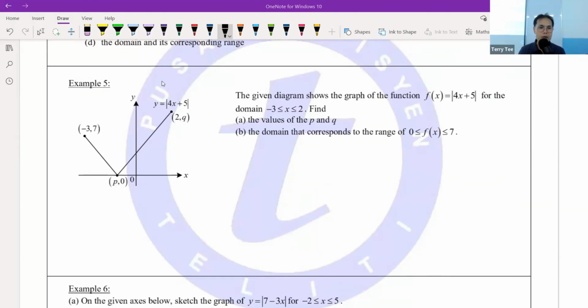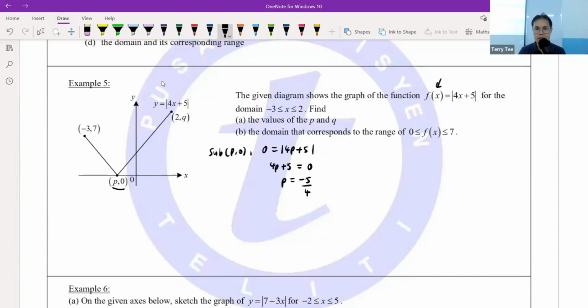P is your x value when your y value is 0. We can just substitute p. That means my f(x), my y, is now 0, and my x is now p, so 4p plus 5. Now remember, when you open up a modulus, you always have to put a plus minus, but 0 is a neutral number. What is plus minus 0? It's still 0, right?